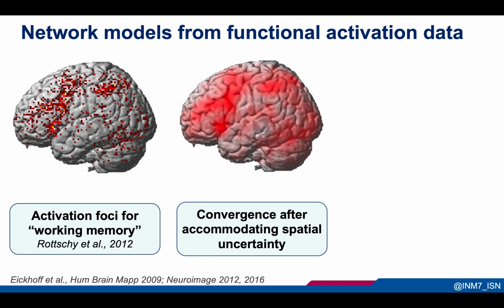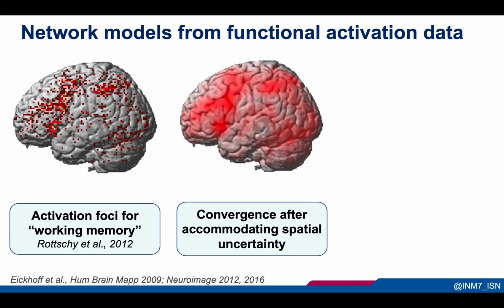So this is a family of techniques, with activation likelihood estimation being certainly the most developed and most widely used one, that is basically asking the question, where do all of these results that are reported in the literature show a significant convergence?